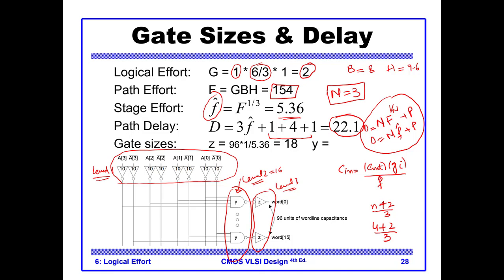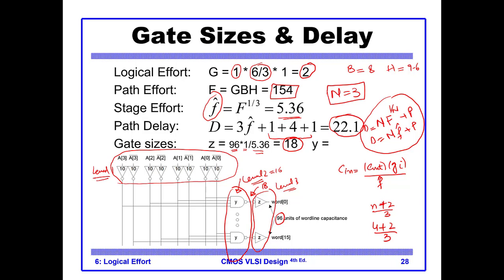So if we talk about Z, we have a capacitance of 96 as our C out. We have the logical effort of the NOT gate, 1, and we have F cap of 5.3. So the Cn here is 18.